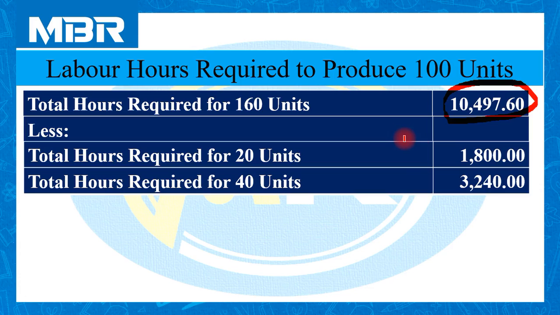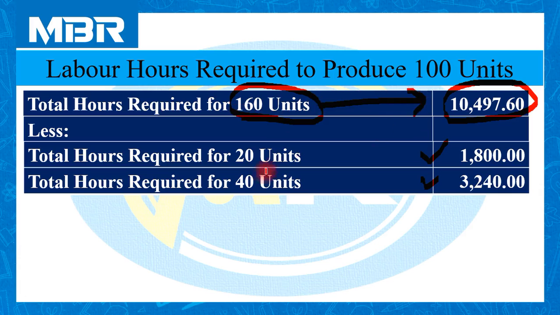Total time required to produce 20 units is 1,800 labor hours, and for 40 units, 3,240 hours.